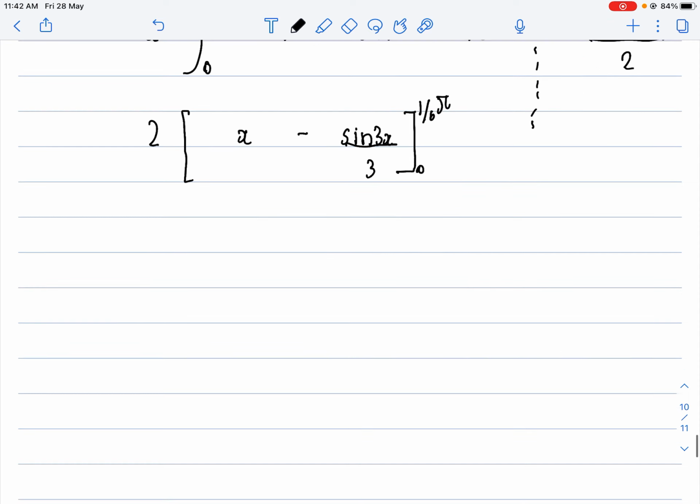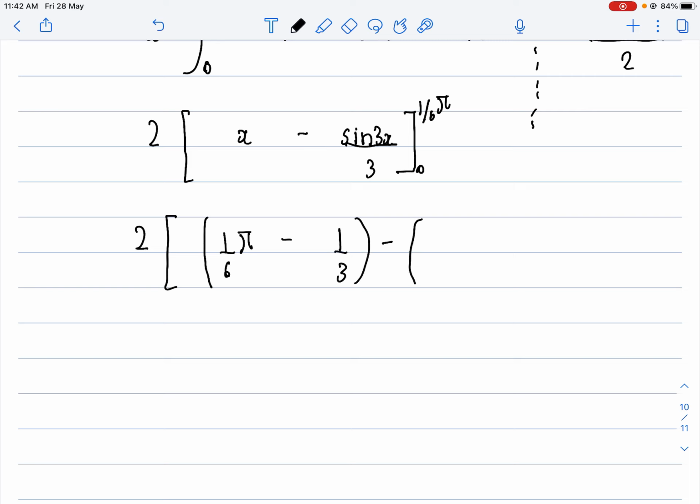So now what I can simply do is write this as 2 into, first I can put the upper limit, which is 1 over 6 pi, minus, on the calci, maintaining my radian mode, I can simply do sine of 3 into 1 over 6 pi. Okay, so when I solve this on the calci, I can simply get my answer as 1 over 3.